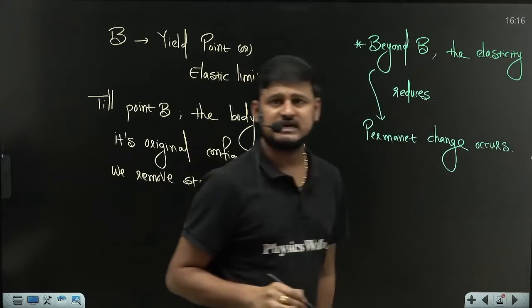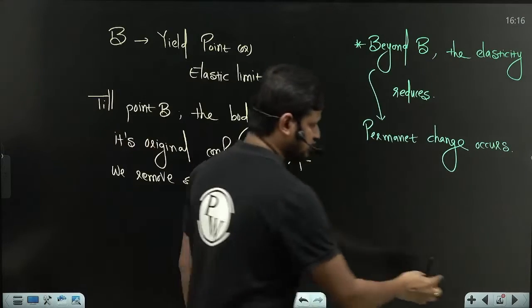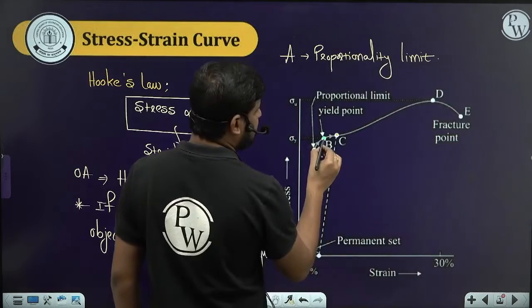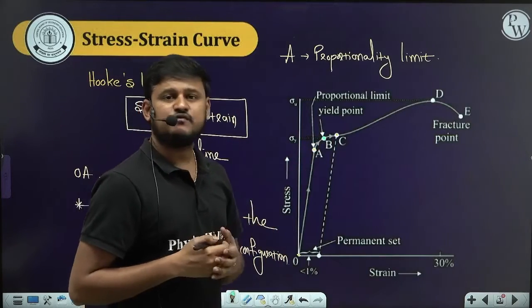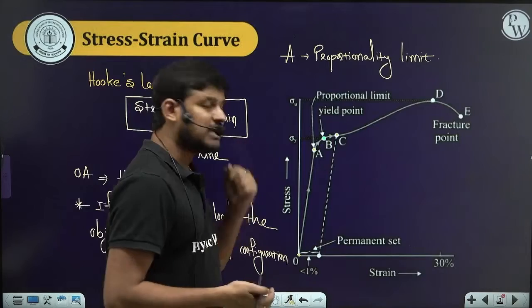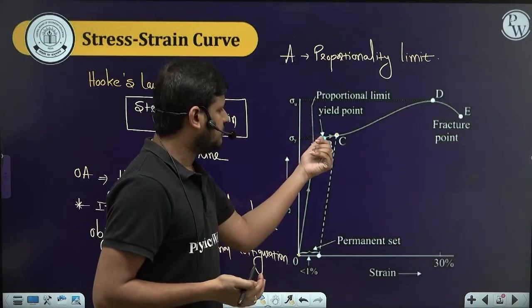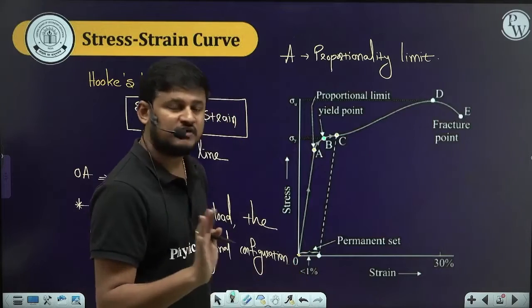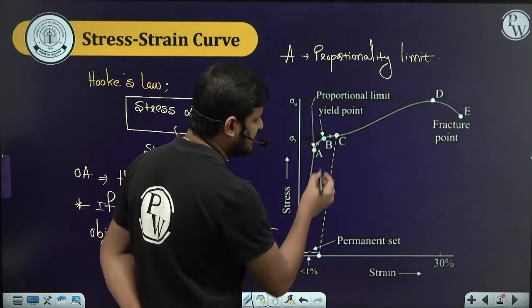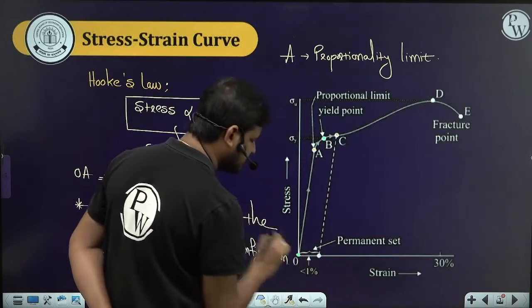Clear, guys? Understanding this part? Chalo. Now see from B to C point. If you apply the load or the stress on the body, the body will not regain its original shape. There will be some permanent set. This is its original point.